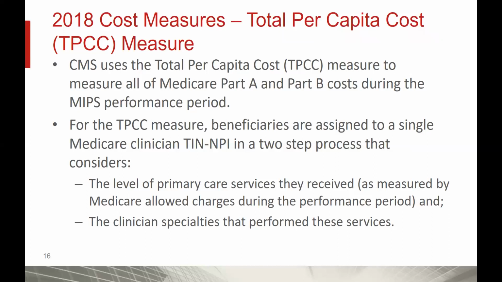For the TPCC measure, beneficiaries are assigned to a single Medicare clinician tax ID MPI in a two-step process that considers both the level of primary care services the patient received, as measured by Medicare allowed charges during the performance period, and the clinician specialties that perform the services.